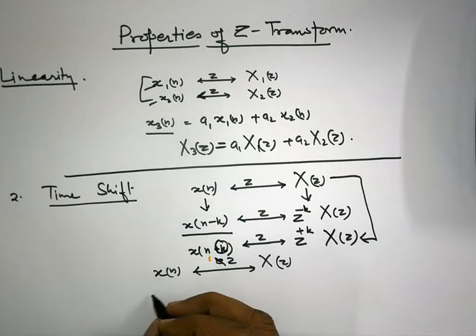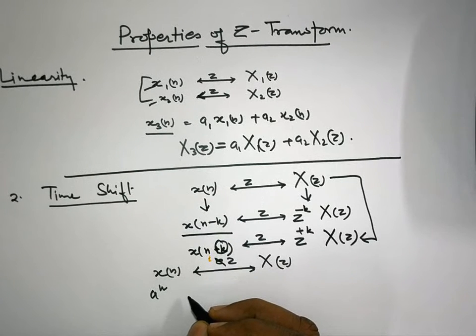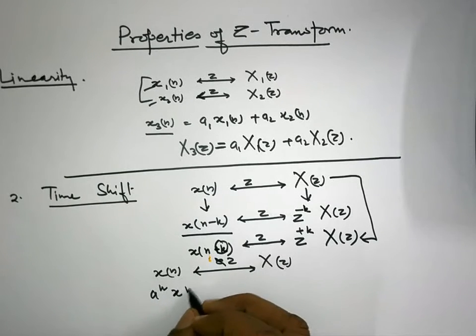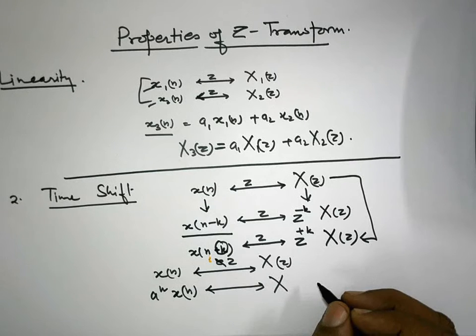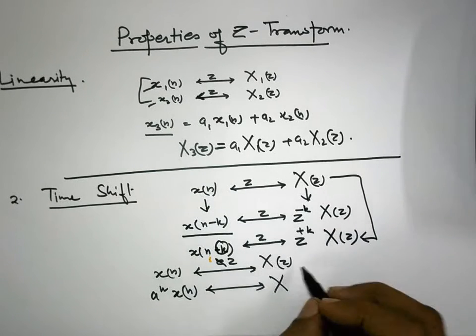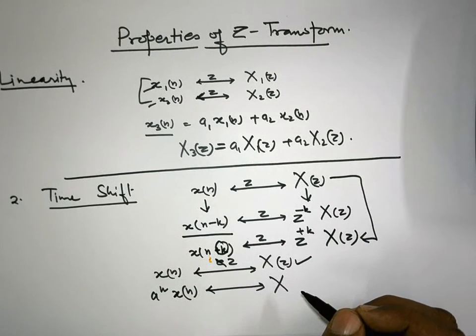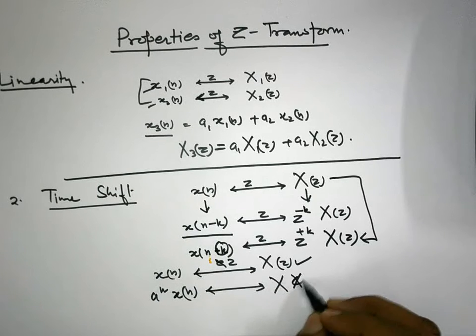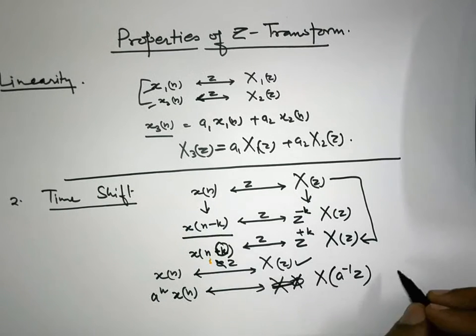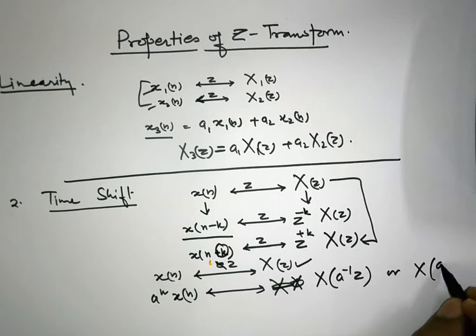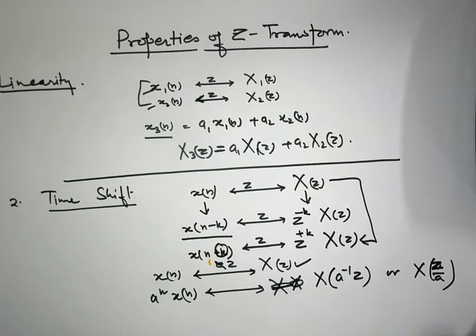Then if we have to evaluate the Z transform of the signal multiplied by alpha to the power n, or a to the power n, times x(n), its Z transform will be the scaled version of the original Z transform. This means it will be equal to X(a inverse z), or X(z by a).